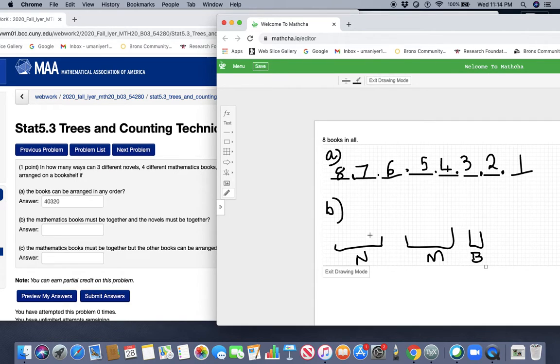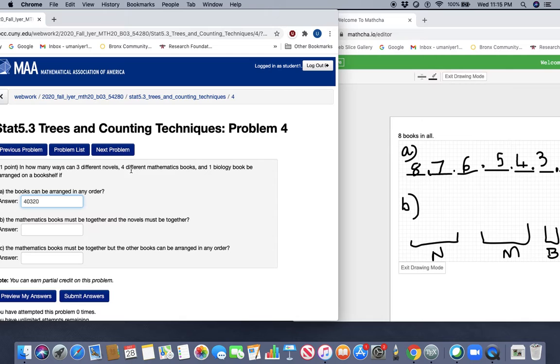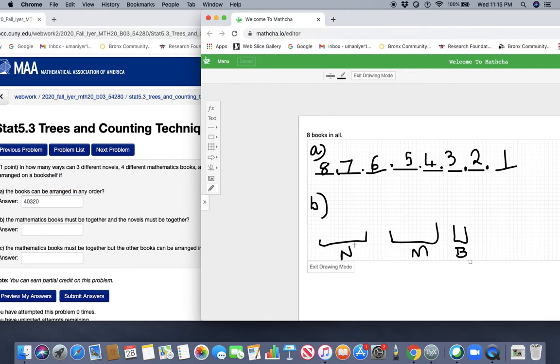Within each, you have some rearrangement. Order is important within each. So there are 3 novels. They can be arranged in 3 factorial ways. Now, mathematics. There are 4 books, so they can be arranged in 4 factorial ways. Biology is 1 book, so it's 1 factorial ways. 1 factorial is simply 1.